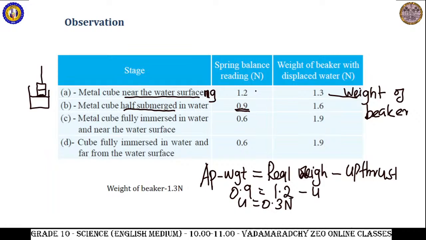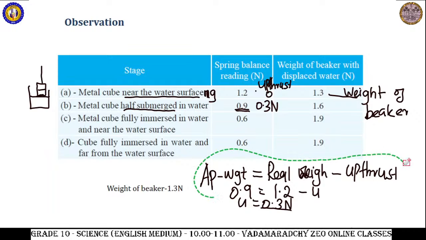By this spring balance reading, we can say the upthrust, or upward force exerted by the water, is 0.3 Newton at this instance. At the first instance the upthrust is zero, and at the second instance the upthrust is 0.3 Newton.